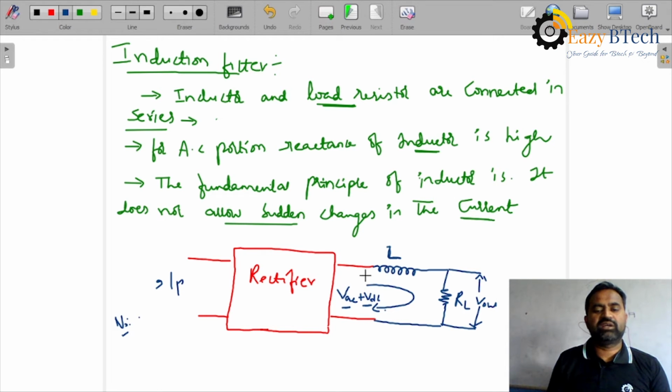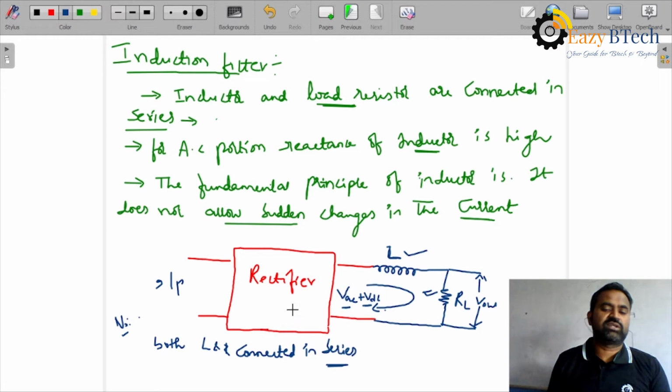Now you can see both L and R are connected in series. That is why it is known as a series filter.